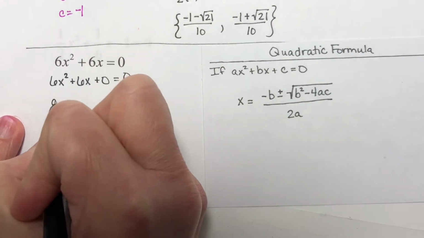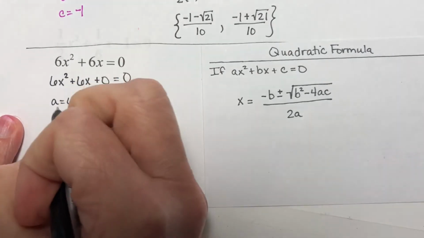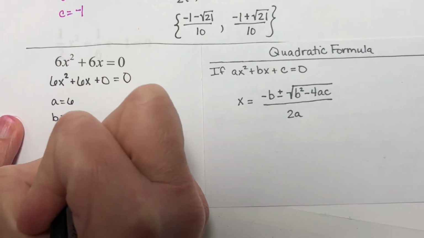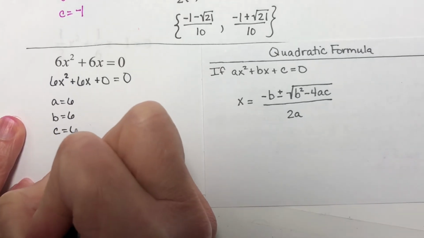This means my a is a 6, because it's the number in front of my square. My b is also 6, the number in front of my x. And my c is going to be 0.